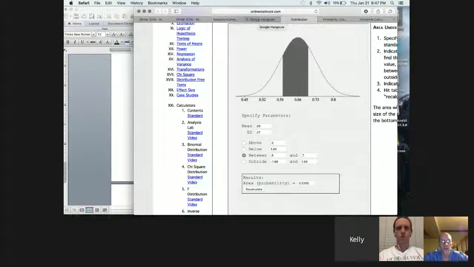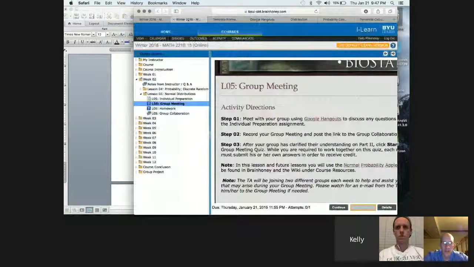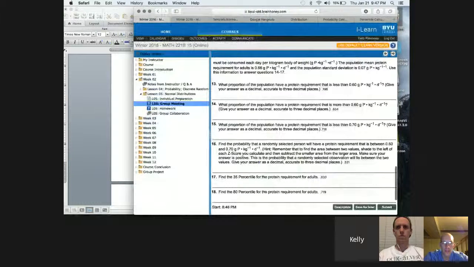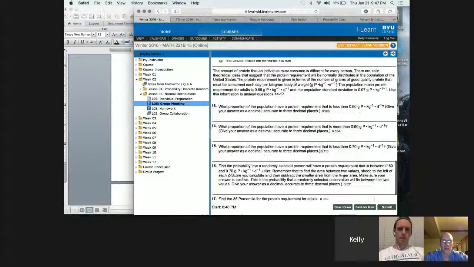So for 16 we have 0.521, 17 0.633, 18 is 0.719. So 17, 0.633. Yes. I haven't put zeros in front of anything. I just put 0.196. Do you think the computer will mark us off?